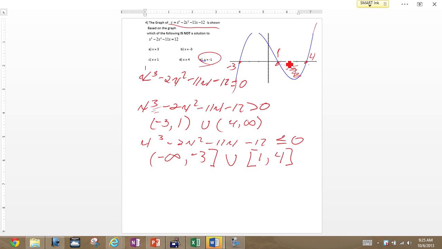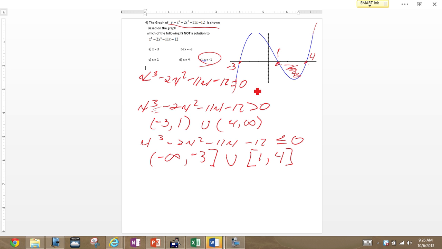And when we're looking to solve an inequality where it's less than 0 or less than or equal to, we're looking for the regions of the graph where it falls below the x-axis.